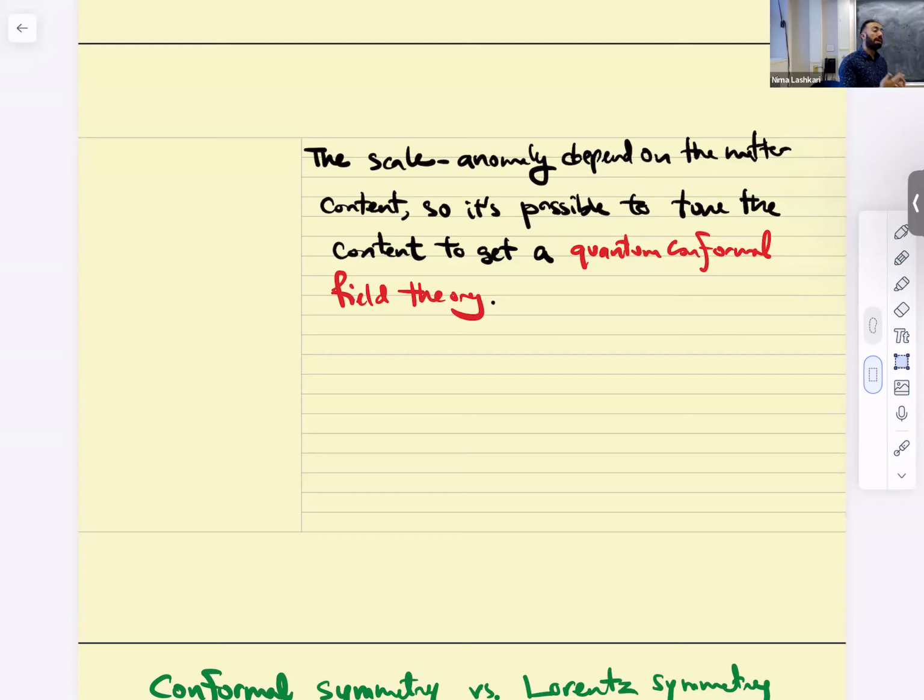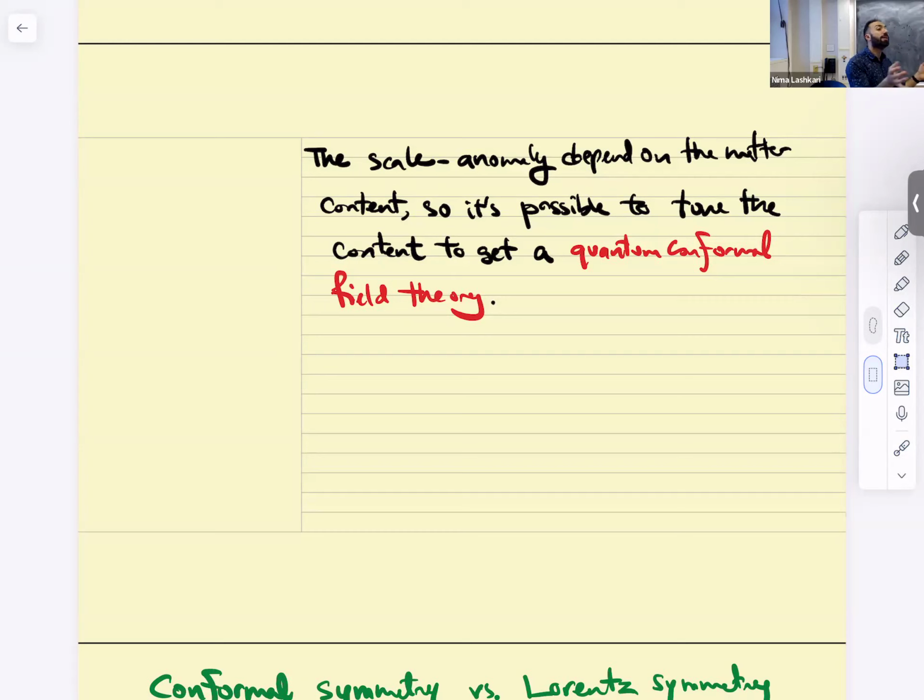Now, what we ended up with was the realization that quantum field theory could be understood as a deformation of a scale invariant theory. So you do standard perturbation theory, right?